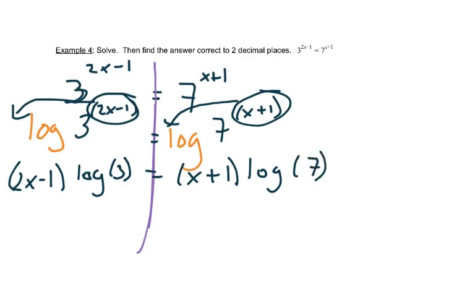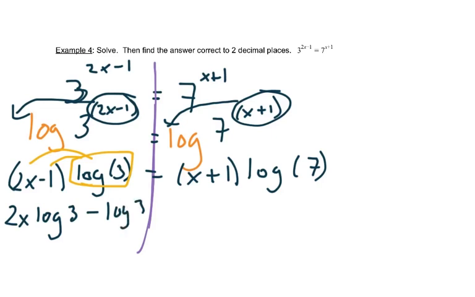So we have to get the x's onto the same side. So in order to do that, we have to get rid of these parentheses, which means that we have to distribute. So I know it feels a little backwards, but this right here is going to get distributed times both of those. So we have 2x log of 3 minus 1 log of 3.